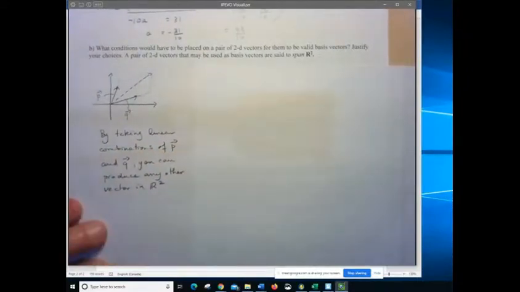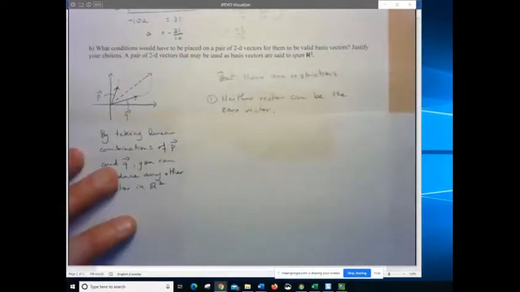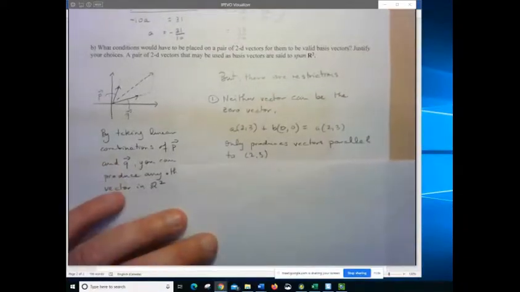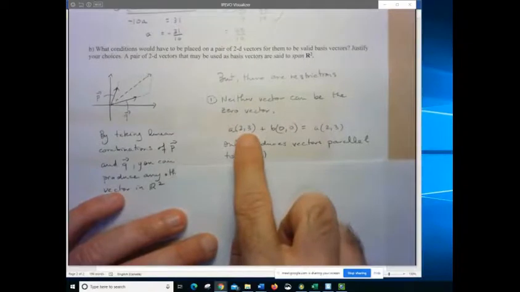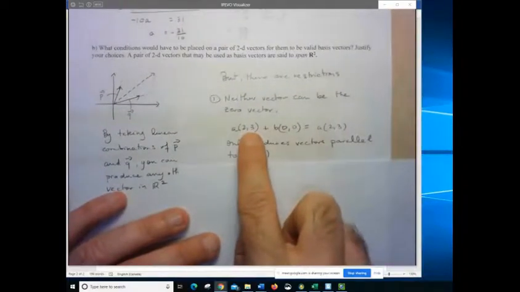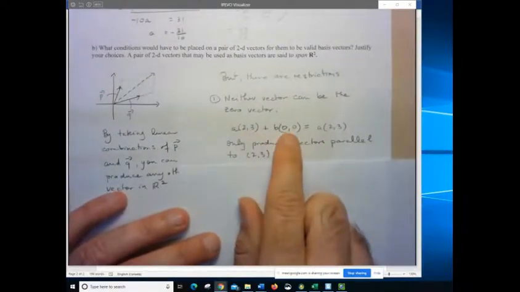Can anybody think of one vector that you definitely don't want to use? One vector that just isn't going to be too useful. Yeah, there you go, the good old zero vector, okay? Because imagine if I take a linear combination of, say, I just pick (2, 3) at random, plus some multiple of (0, 0). Well, what do I end up with?